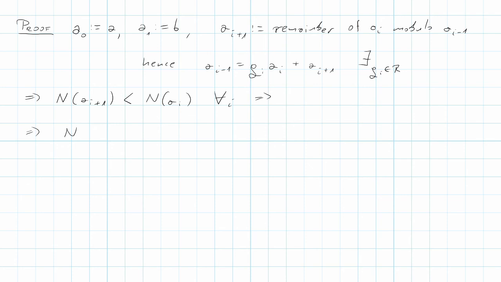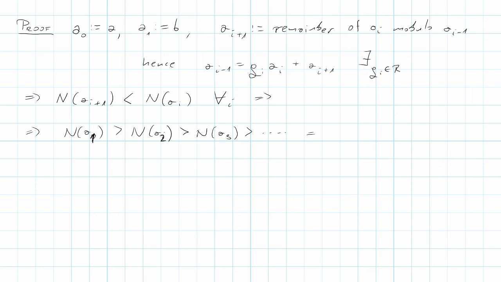Okay, here not necessarily for A0, but starting from A1 the norms are strictly decreasing, so the norm of A2 is greater than the norm of A3, and so on. But these are natural numbers. So this must stop.